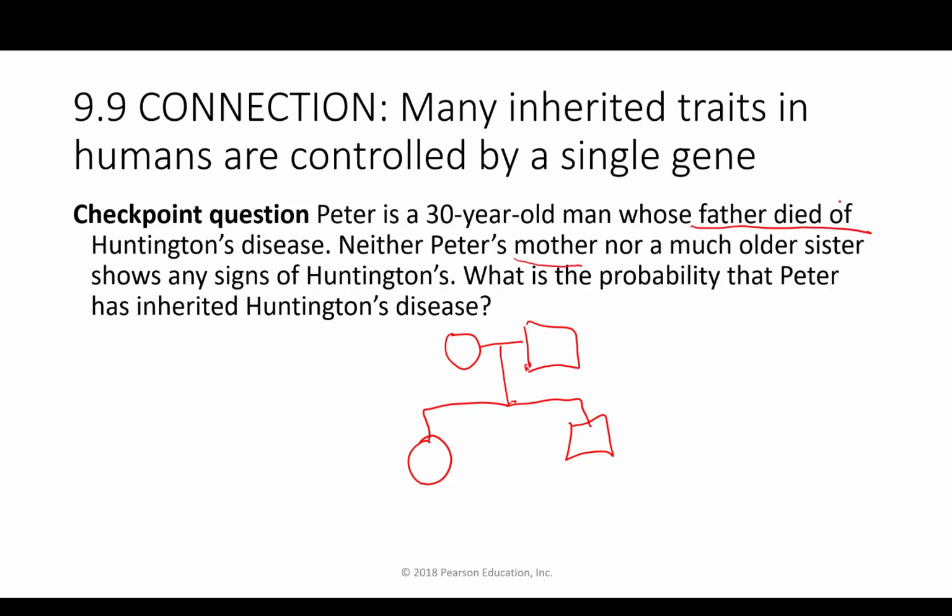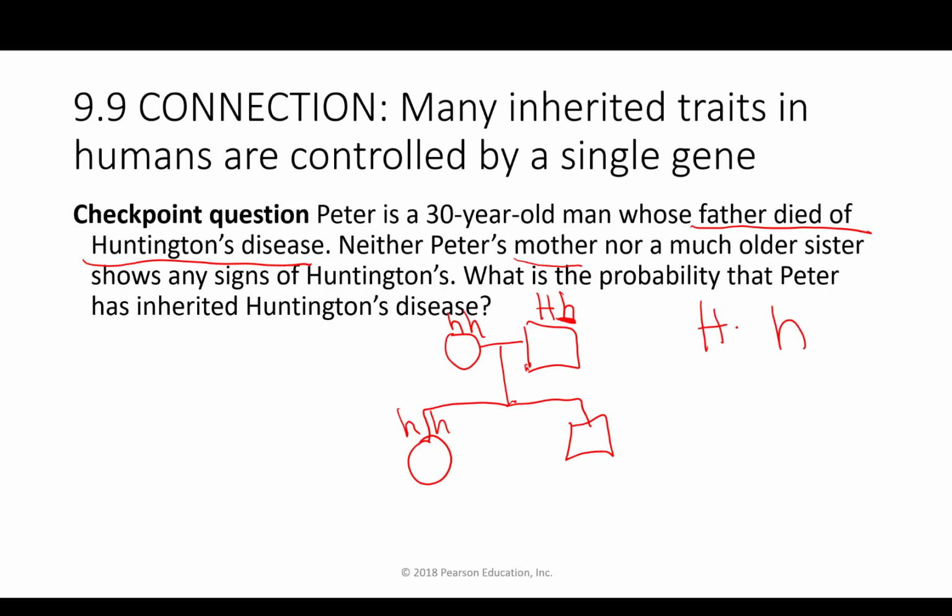His father died of Huntington's. Since his sister does not have Huntington's, she would be little h, little h. Mom doesn't have Huntington's, little h, little h. Dad, because he has Huntington's, has a big H, and could be big H or little h. We don't know. But because the sister has 2 little h's, we know he's big H, little h.